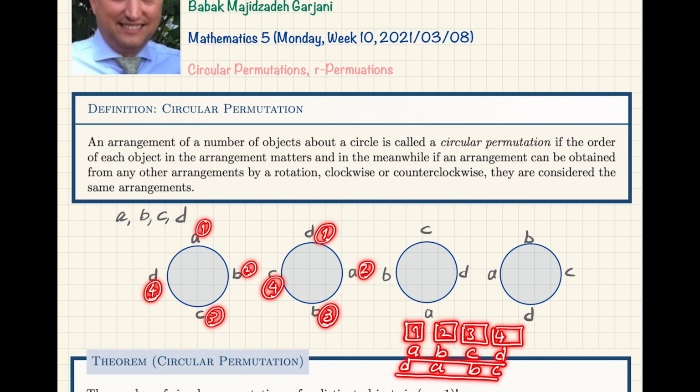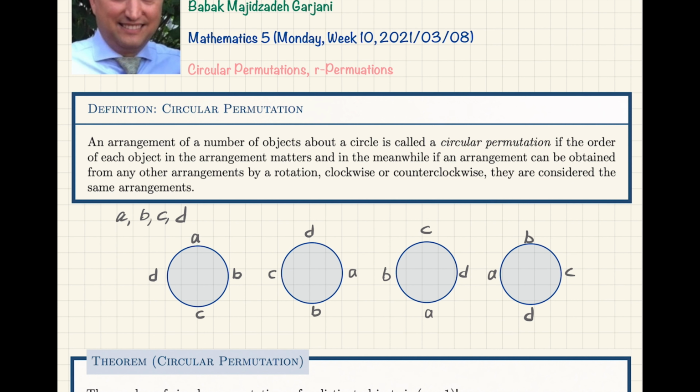This permutation is different from that permutation with the definition of permutation. But when it comes to circular permutation, we want to consider all these permutations that you see in this picture the same. Let me just move this a little bit here.